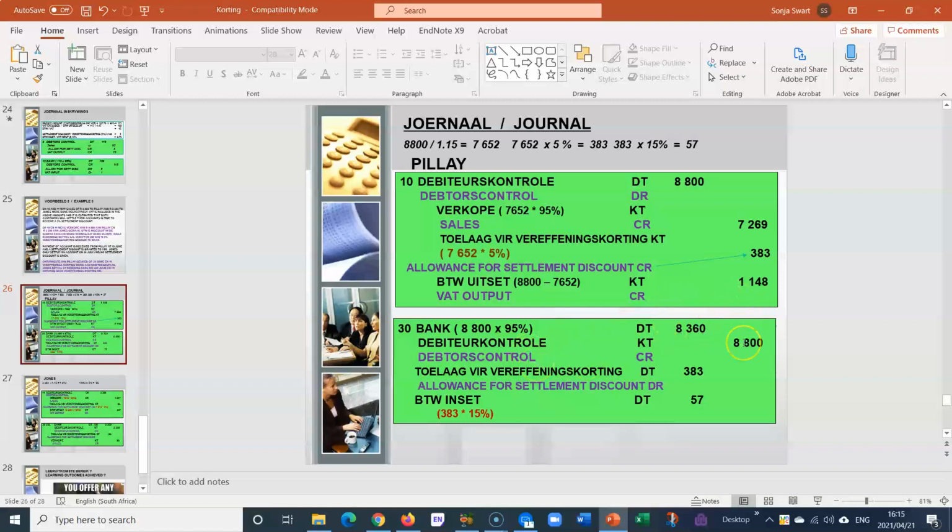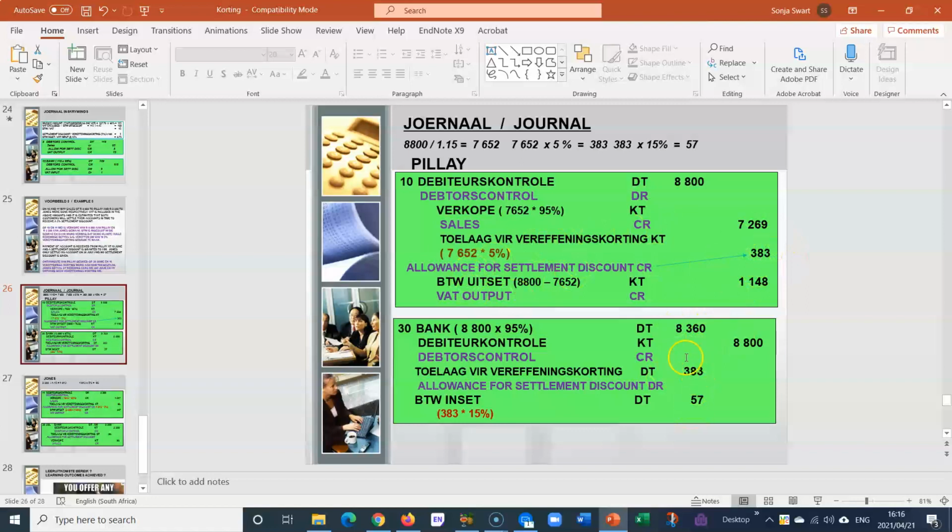So if I take the difference between the two and I divide it by 1.15, I will get the VAT exclusive amount, and I'm going to debit the allowance for settlement discount account with that 383. And that is that 383 that I take out of my books now. So I eliminate that one, I take it out. That allowance is no longer a valid account. I have to remove it.